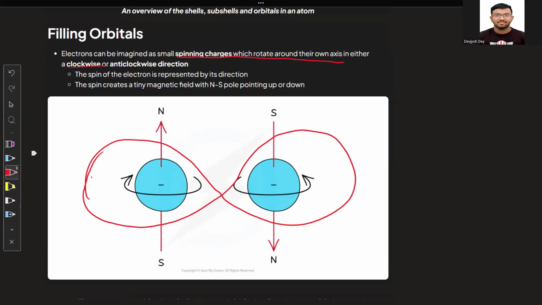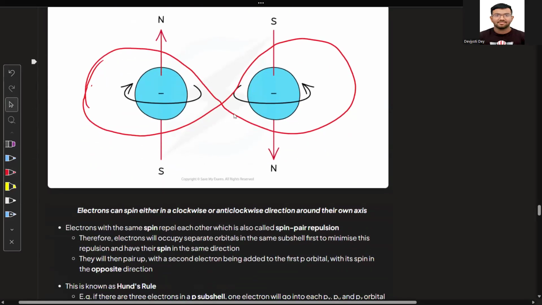If one is rotating clockwise, the other one must be rotating anti-clockwise. The spin of the electron is represented by its direction. The spin creates a tiny magnetic field with north and south poles pointing up or down. Remember one thing: electrons with the same spin repel each other, which is also called spin pair repulsion. Therefore, electrons will occupy separate orbitals in the same subshell first to minimize this repulsion and have their spin in the same direction.